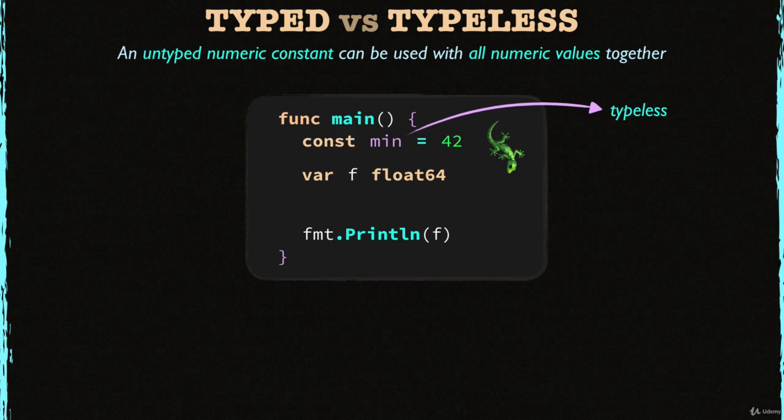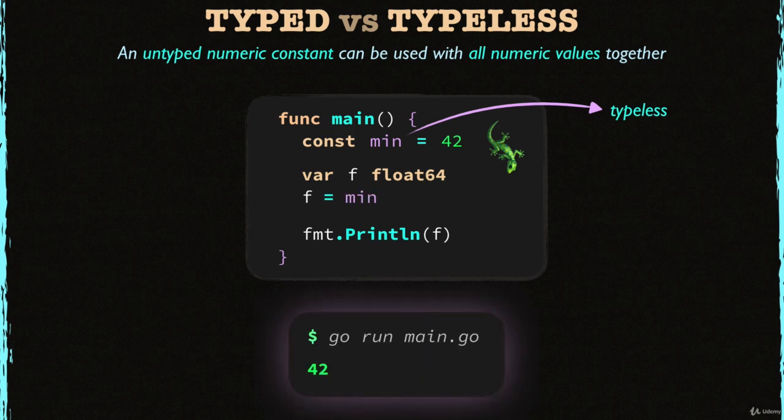Let's run it again. Cool, now it works. It prints 42, and there isn't an error. It's because when I assign the min constant to the f variable here, the type of the min constant changes to a float64 value automatically. If I was assigning it to an int variable instead, then it would take an int type.